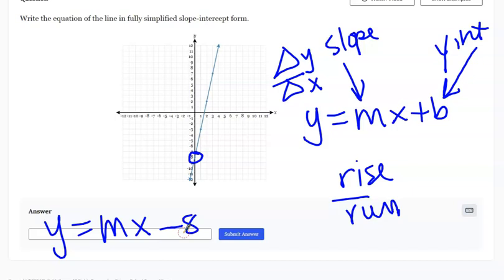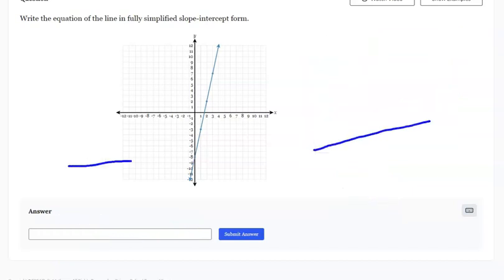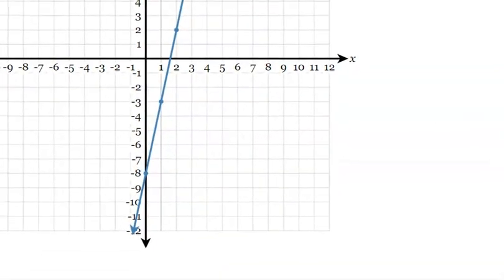And now I'm going to count the slope between any 2 points I like. So let me zoom in here so you can see as I count. I'll count between these 2 points. So my rise is 1, 2, 3, 4, 5.